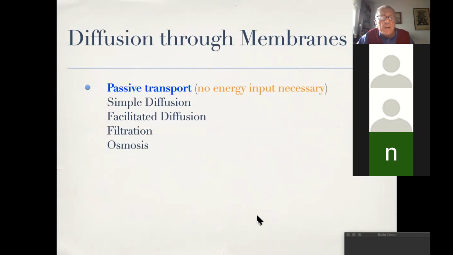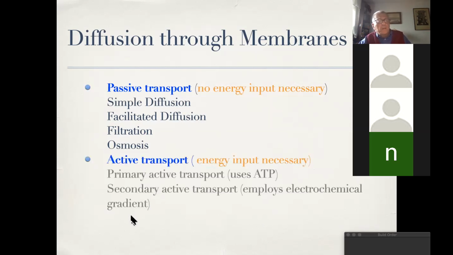There is passive transport, passive in the sense that no energy is required to generate the process. And usually, biologists in particular classify it into simple diffusion, facilitated diffusion, filtration, and osmosis. And there are active transport phenomena where energy is required to provide the energy necessary for transport.